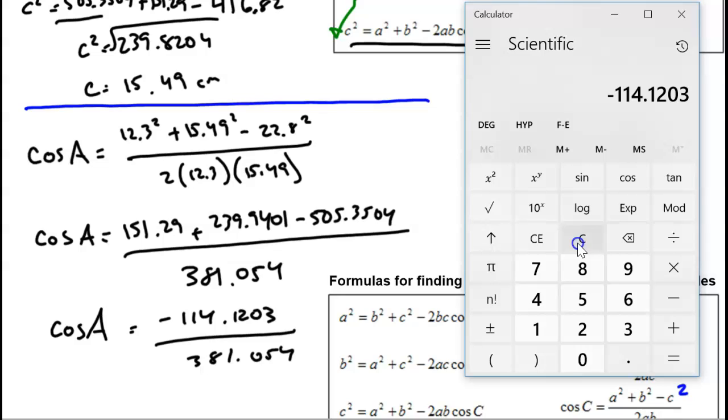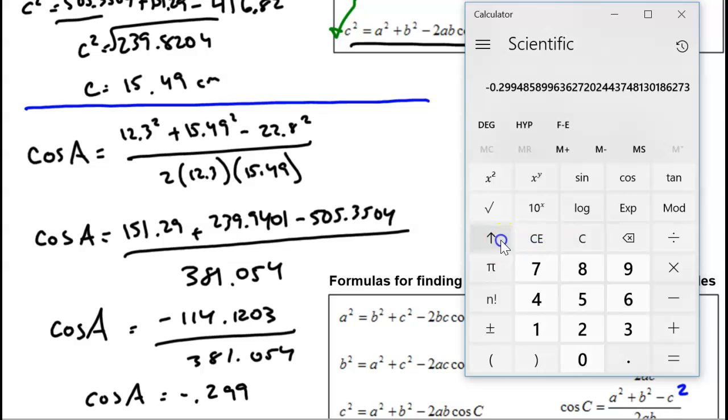So we divide that by 381.054, and we get cosine A equals negative 0.299.